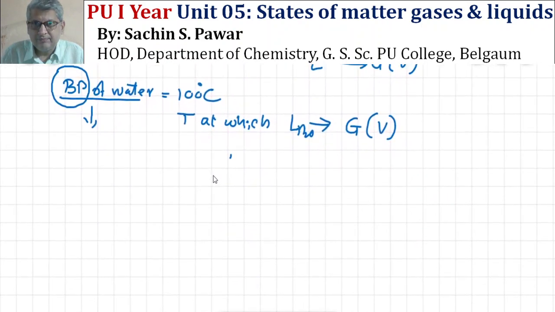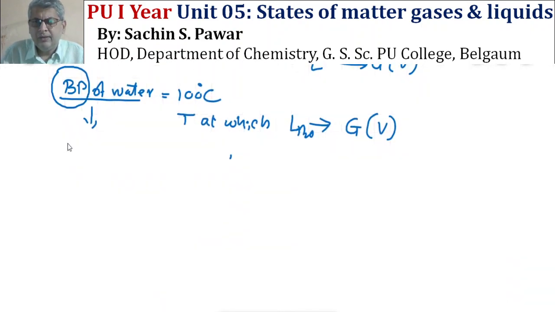Boiling point is defined as the temperature at which the liquid gets converted into gas. Now, when a liquid gets converted into gas, it is forming a gas.